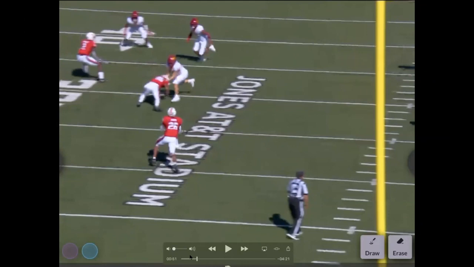Really the blocker's hips and feet orientation are a really good indicator, but that's the detail of the block, and the other part is just kind of the aftermath, Corey.